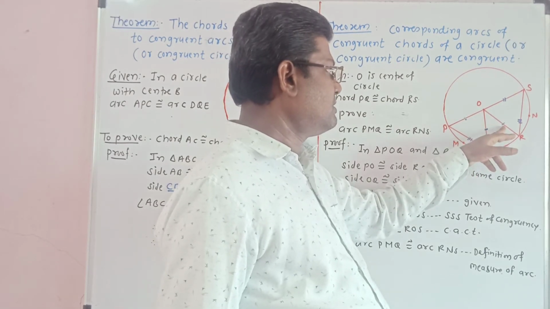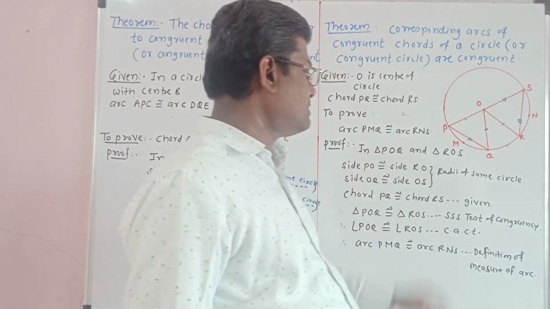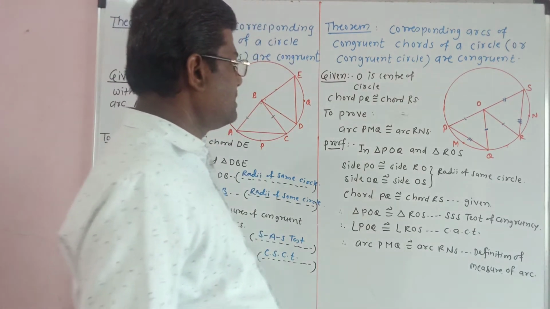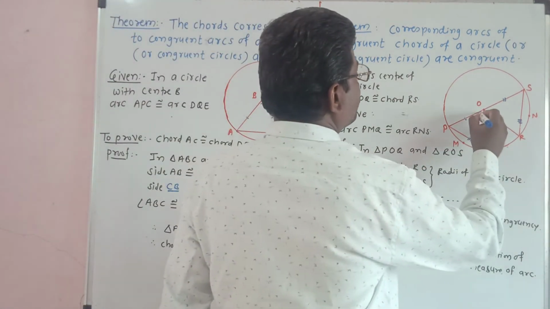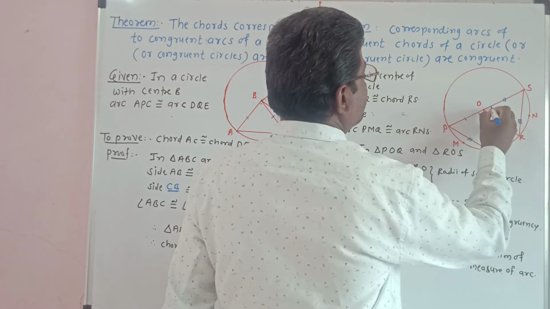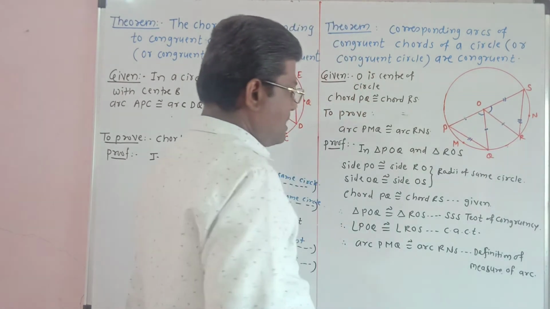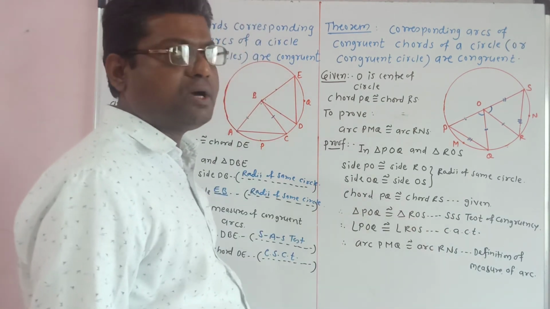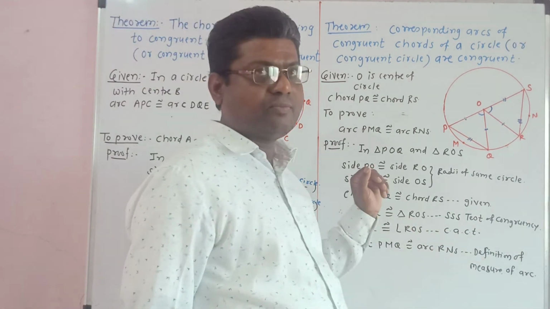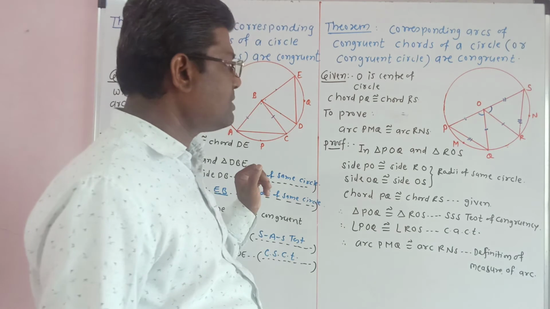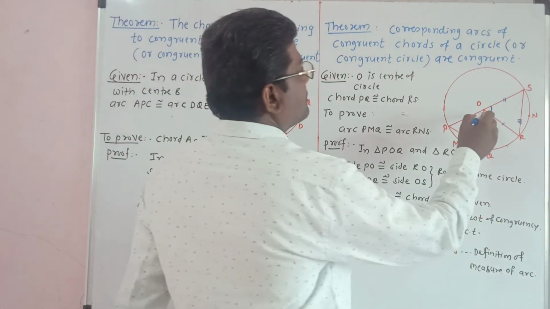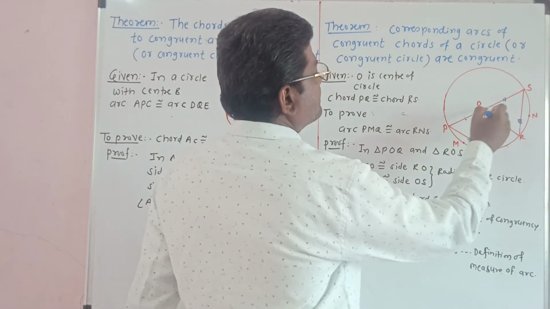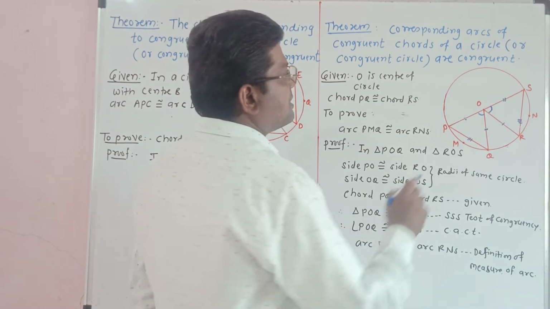Now SSS test of congruency. Therefore angle POQ is congruent to angle ROS, these two angles are congruent. This is due to CACT, which means corresponding angles of congruent triangles. So these are central angles, and these two angles are congruent.